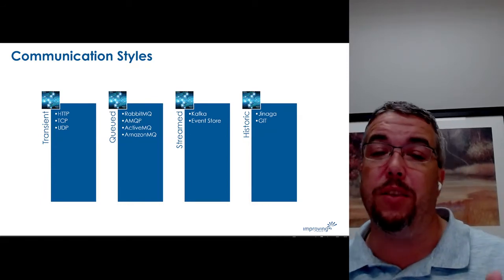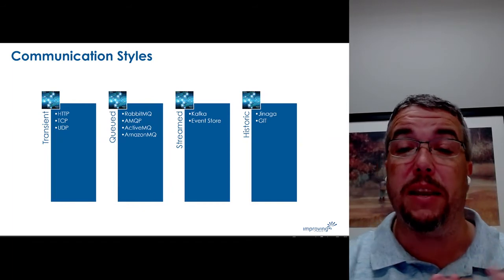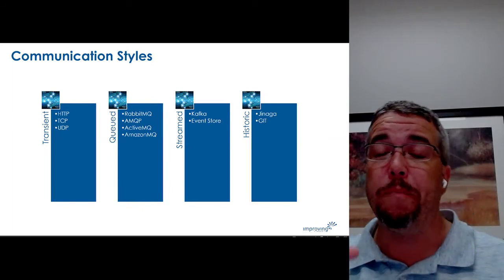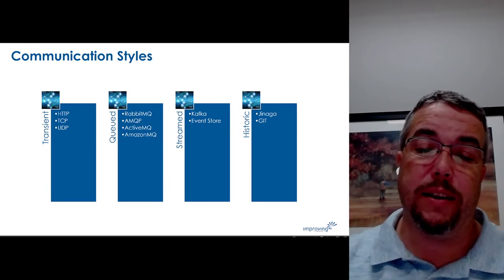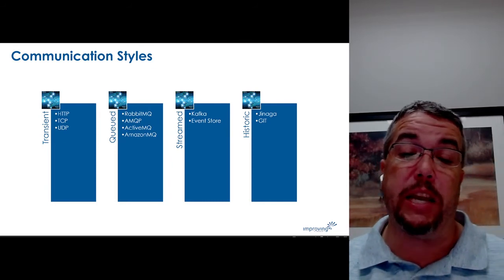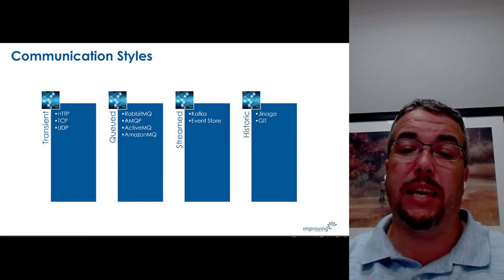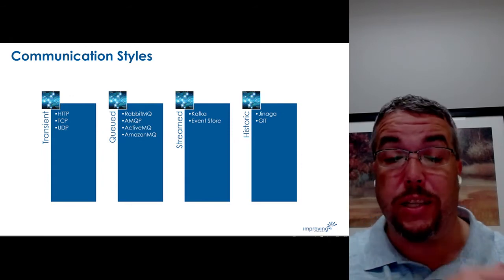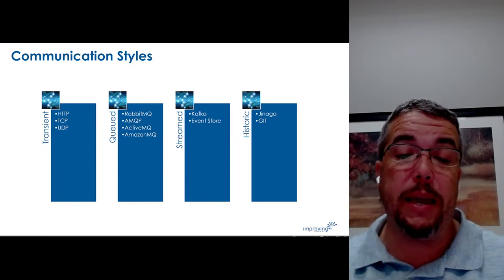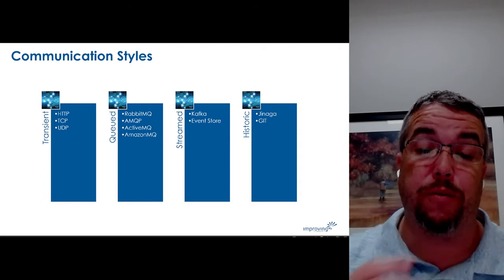All three of the other structures that we're about to talk about, queued, streamed, and historic, all give us the ability to deal with communication failures. And so I find that those are the three that I tend to lean to when I am trying to decide the communication mechanism for my commands versus my queries.